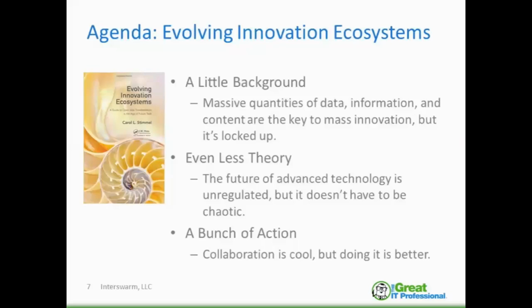There is some theory to help us understand working with open information, data, and content, but frankly, there's not a lot. There's always been this fascination with Linux and how it came to be, and open communities, and that does play a role in helping us understand how to deal in this unregulated world. But we don't need it to be as chaotic as it's often presumed to be.